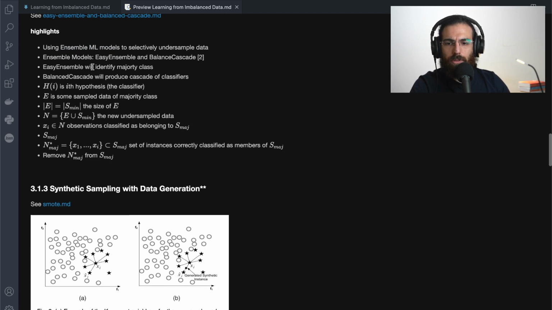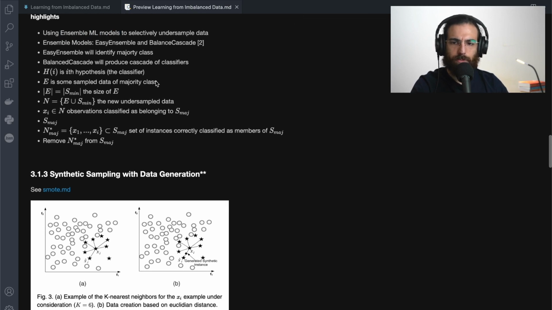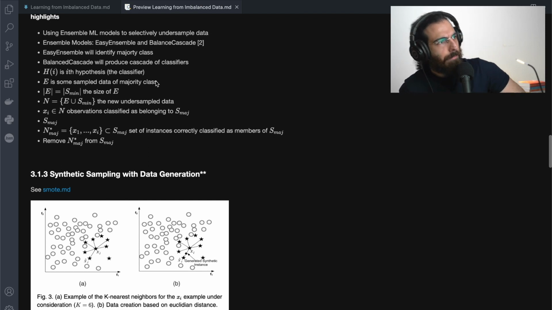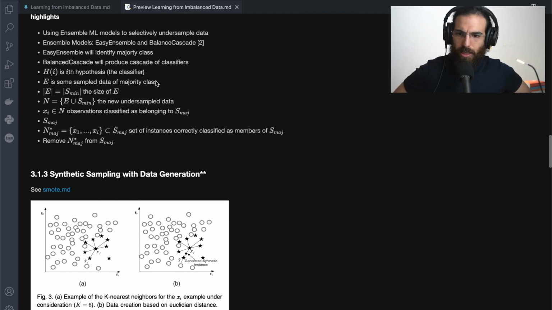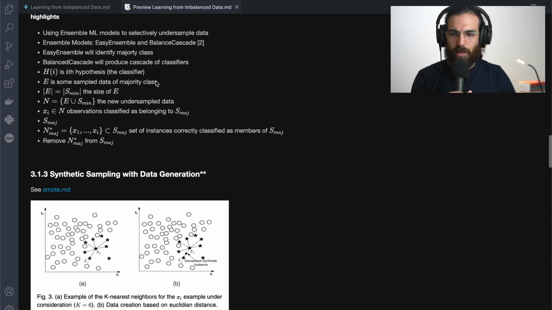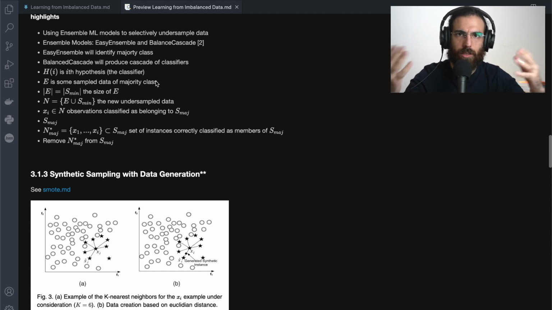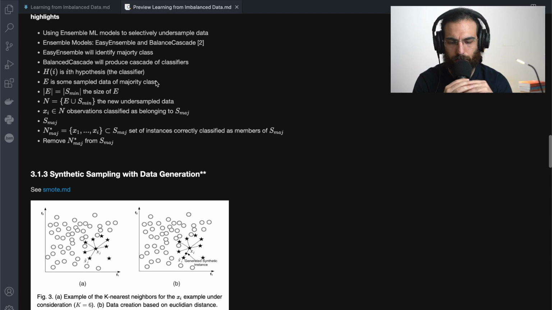Two examples to which this paper refers are the easy ensemble and balanced cascade machine learning models. Here's what they do, and they're used together. The easy ensemble machine learning model is there to identify the majority class. So imagine you have a scatter plot of all the observations, but you do not know which one is majority, which one is minority.